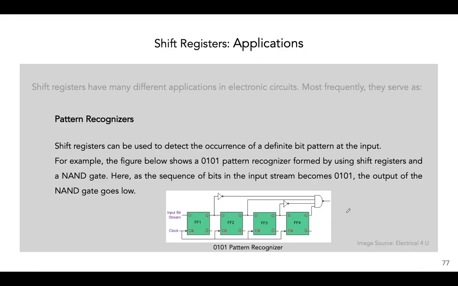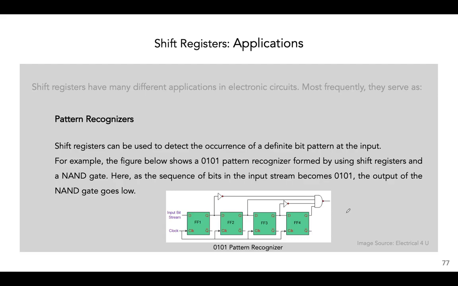Pattern recognizers is something you can design using shift registers. You've already seen how shift registers are used to design counters. Counters are essentially circuits that go through certain predefined sequence of bits repeatedly. Now, shift registers can be used to detect the occurrence of definite patterns.